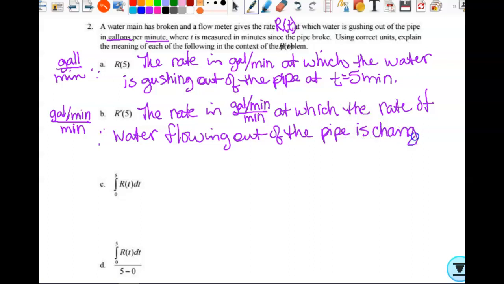Okay? So that rate of change is changing. Are we done? No, I have to say this is a derivative, so I have to say at what? T equals 5 minutes.